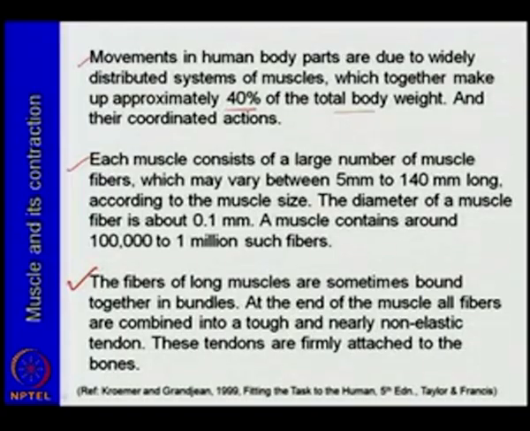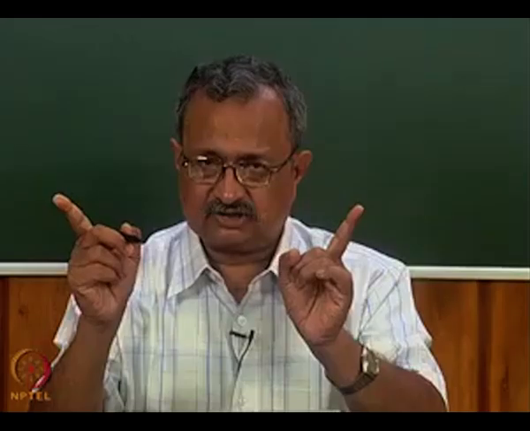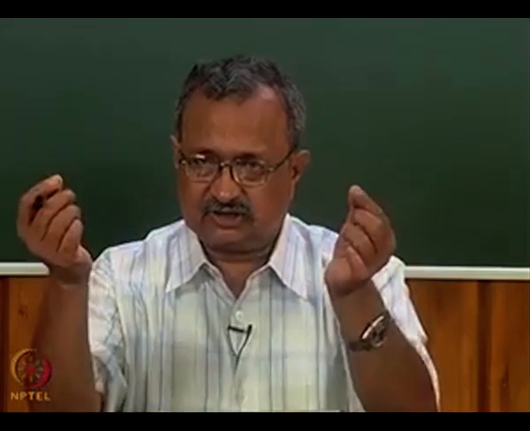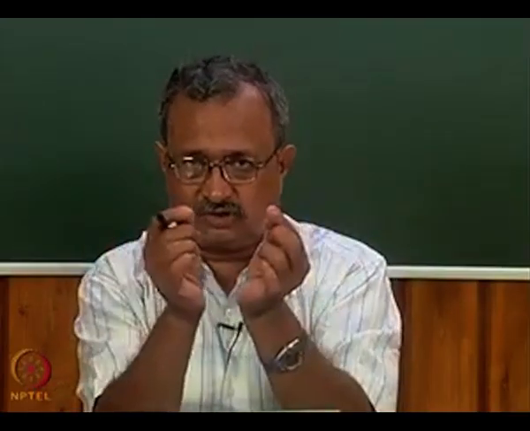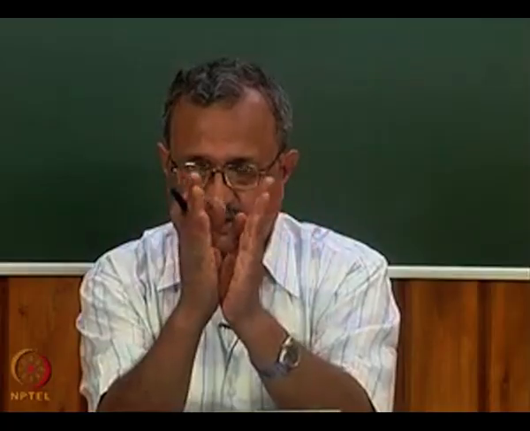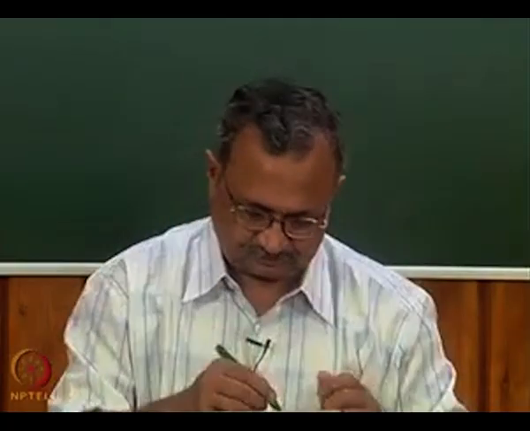At the end of the muscle, all fibers are combined into a tough and nearly non-elastic tendon. These tendons are firmly attached to the bones. With the muscle contraction, as the bony parts are attached with tendons, it pulls the distant parts of bones so that a coordinated movement is possible.